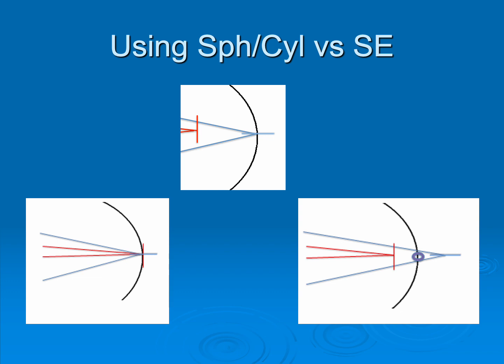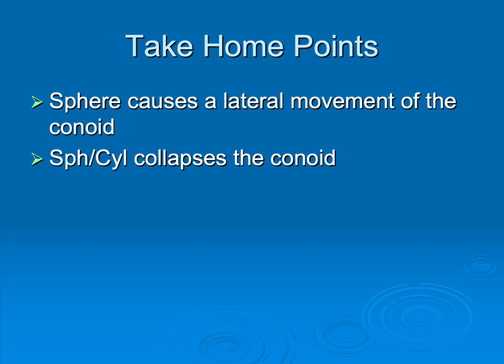Now, bottom diagram on the left is me using a spherocylindrical lens, a sphere and a cyl, and that is collapsing that conoid perfectly onto the fovea, and that gives the absolute best vision. So the big take-home point is to understand that when we put a sphere in front of an eye, we are not collapsing the conoid, we are just shifting it one way or the other, depending upon if we're using plus or minus lenses.